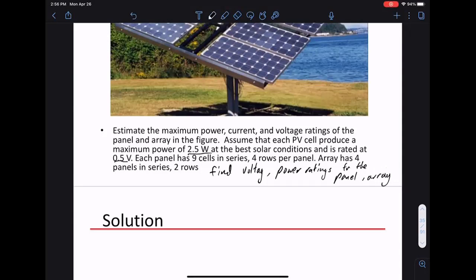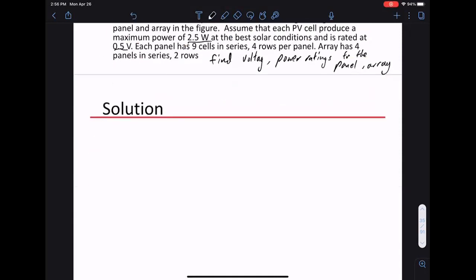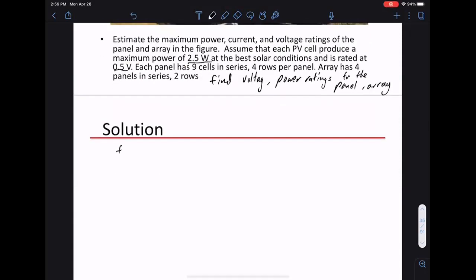If you have one cell of this form and stack them together, how much power and voltage do you get? So let's look at a panel.